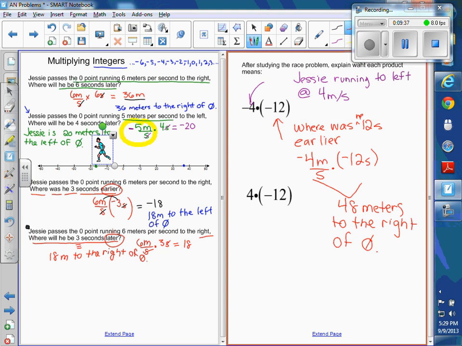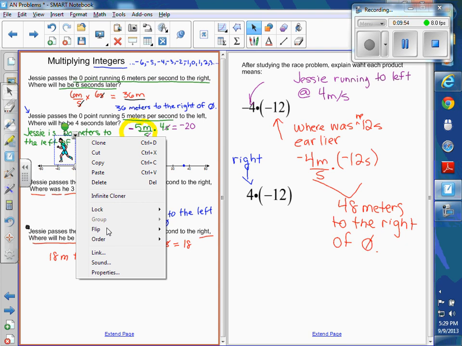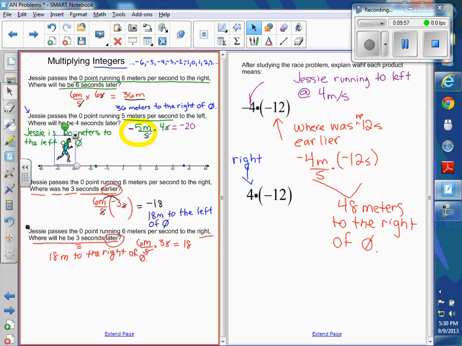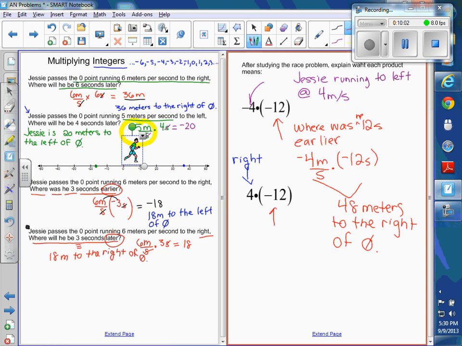And then this last one, we could think of this as Jesse now going the other direction, going to the right at the same rate. And then the negative 12 is saying, where was Jesse 12 seconds?